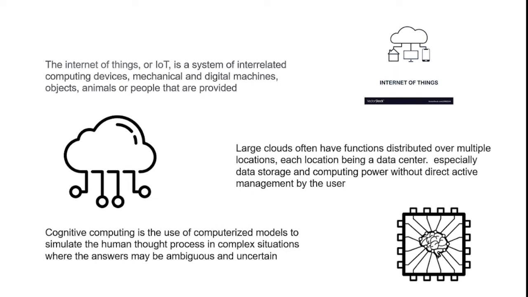The Internet of Things, which can also be called IoT, is a system of interrelated computing devices, mechanical and digital machines, objects, animals, or people that are provided to operate or perform the machine operations.